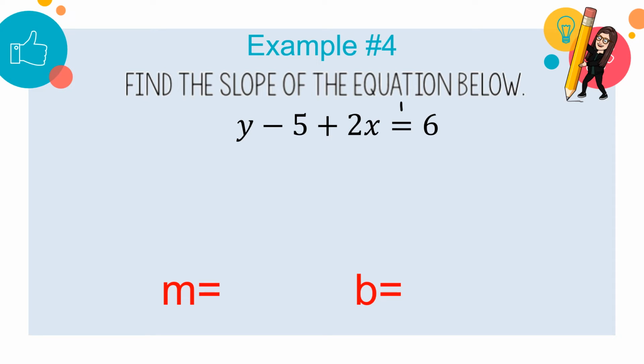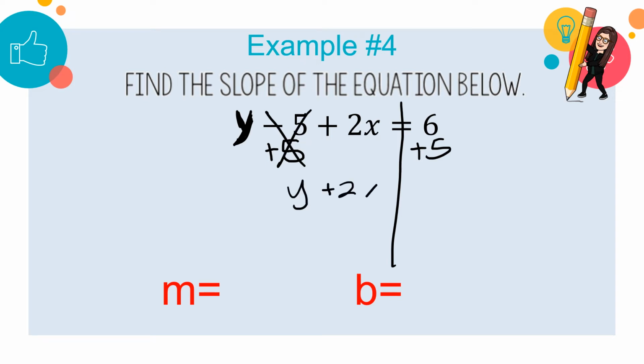This example I chose because it's a little different, right? If I look at that y, it doesn't look typical. So we want to move stuff to the other side. I'm going to start by adding 5 because I can actually add them. A 6 plus 5, nice clean 11. Next, instead of adding 2x, let's kick it over by subtracting 2x.